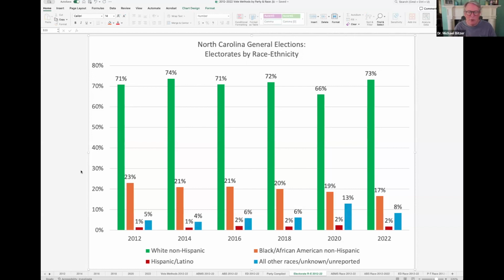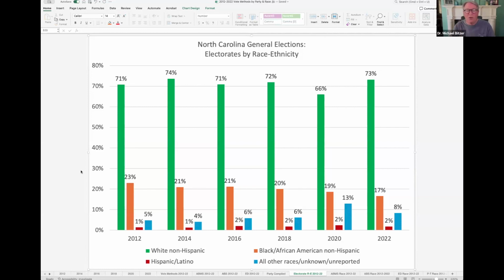The one thing that I would point out is the light blue bars of all other races, but more importantly, the unknown, unreported. This is something that Chris Cooper and I have been watching very carefully within the voter registration data file. And that is voters basically not giving any indication of their race or ethnicity, just either leaving it blank or choosing not to select one or both boxes. And that number as a percentage of the registered voters has been increasing over the past several years.